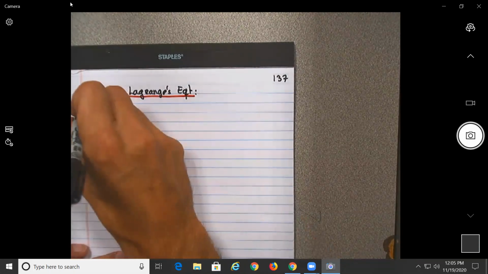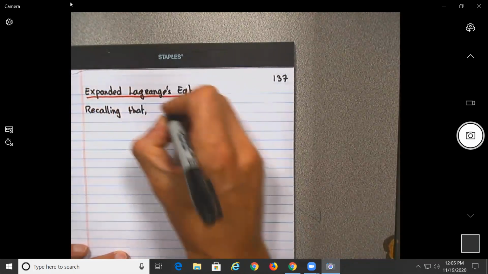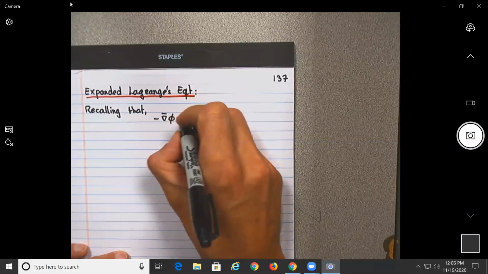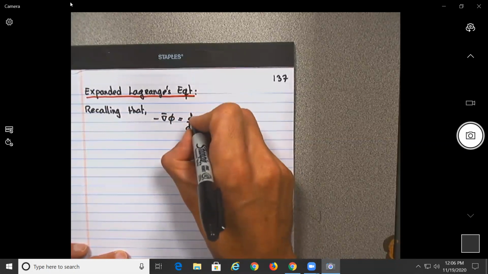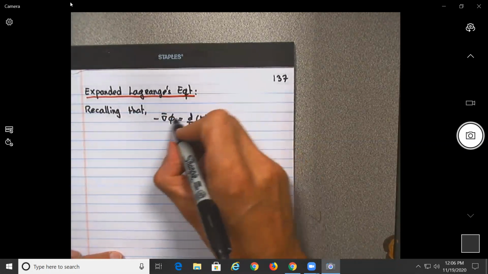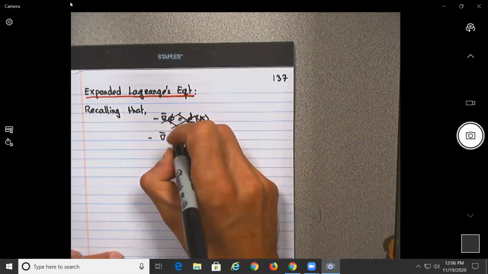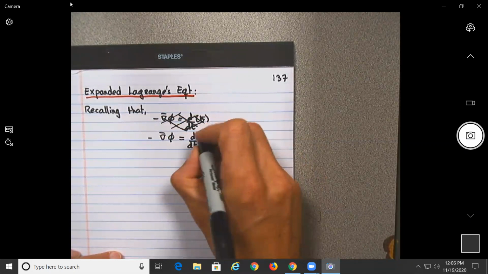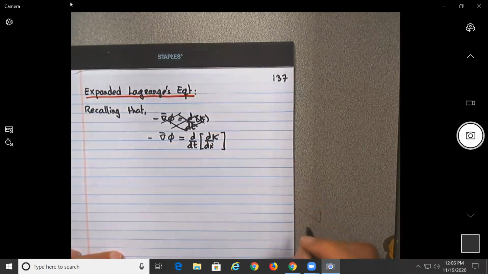So recalling that we had this part over here equal to d/dt of d/dx dot of k.